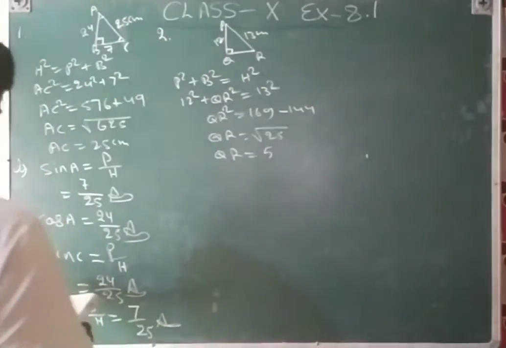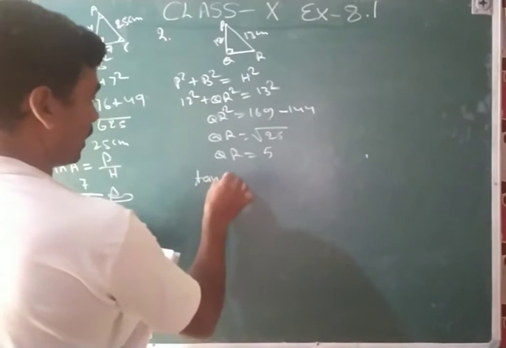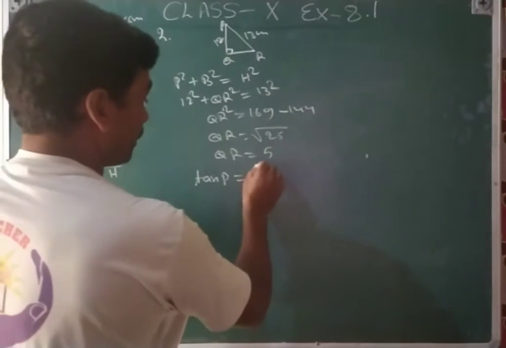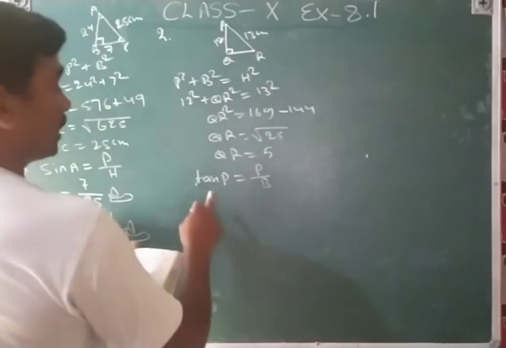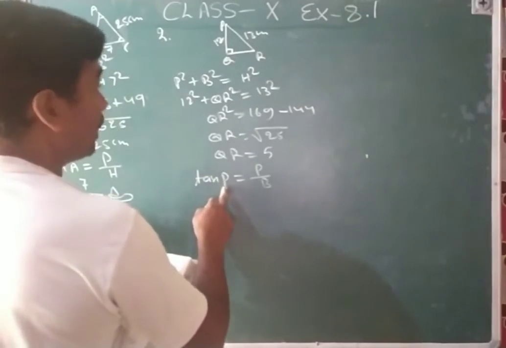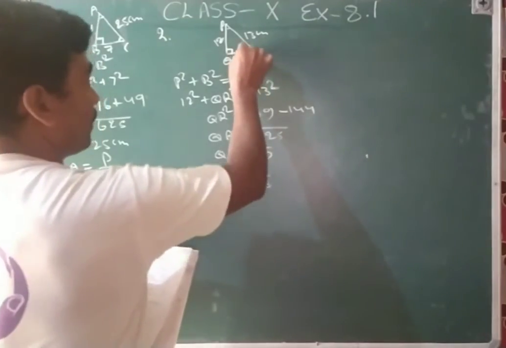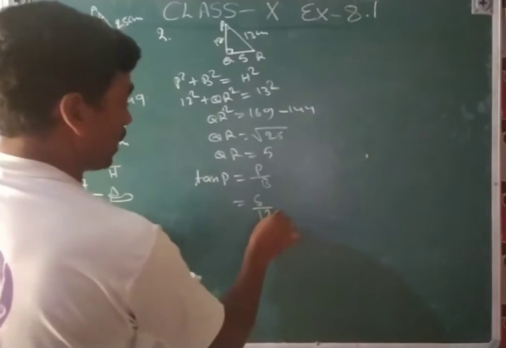So QR is equal to 5. Next, tan P. First of all, we find tan P. Tan means P upon B, perpendicular upon base. Now we are looking at angle P, so the perpendicular is 5 upon the base, which is 12.